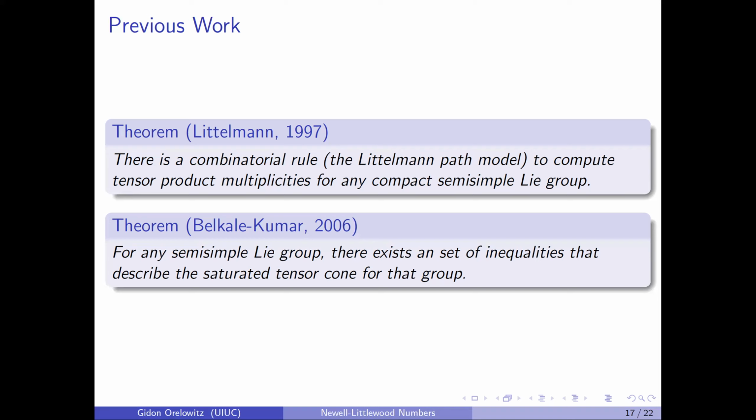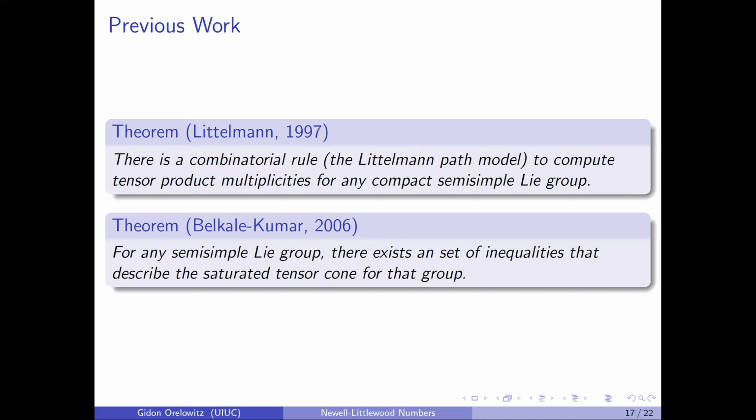They came up with the Belkale-Kumar inequalities, which describe the saturated tensor cone for any semisimple Lie group. So that again solves even that reduced problem. Their solution is good. It solves the problem.